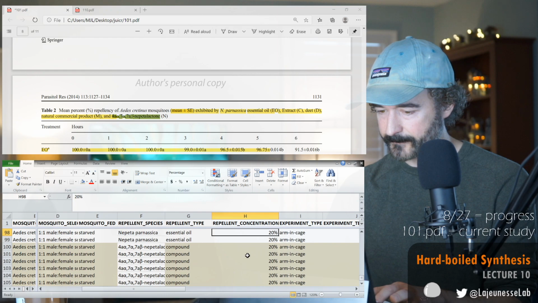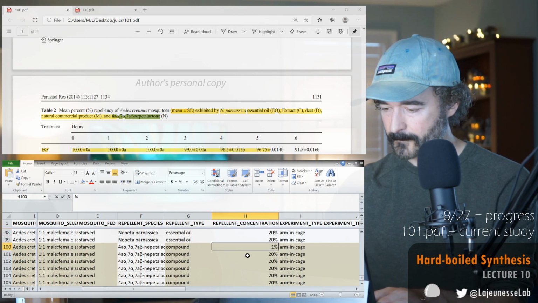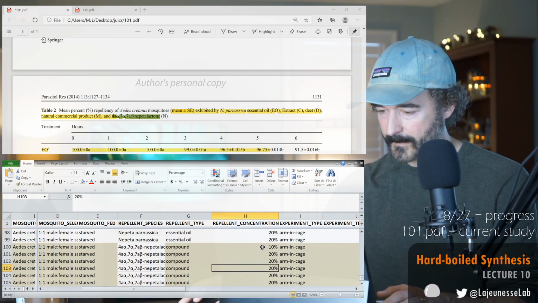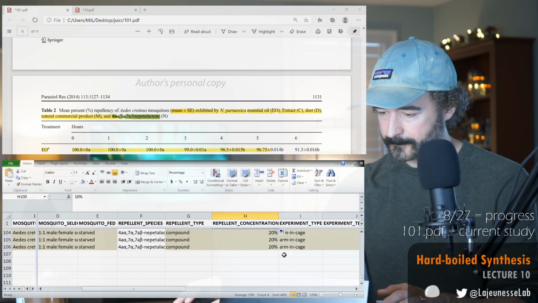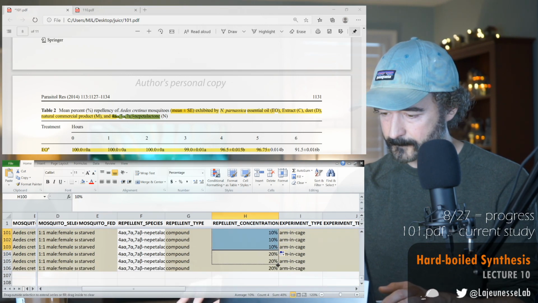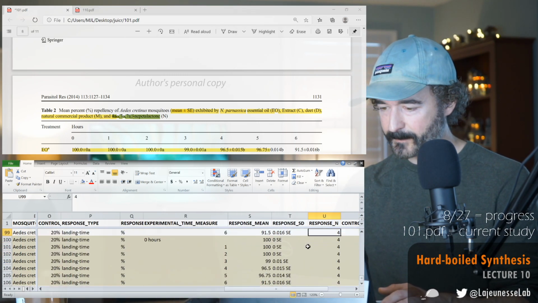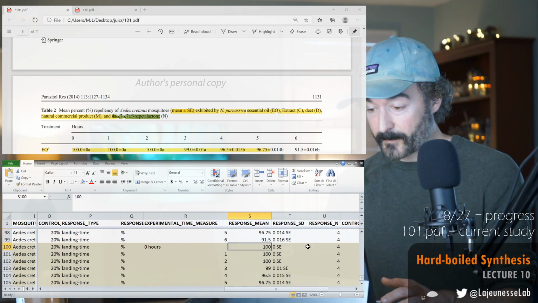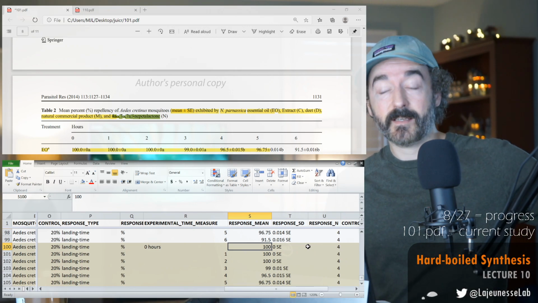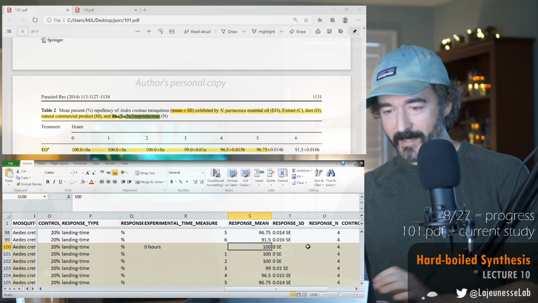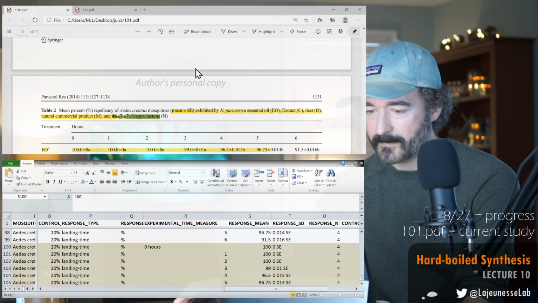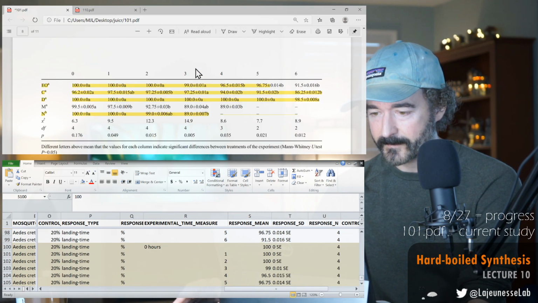Compound, 10%. And everything else should be the same, so we could just plug in the numbers. The response mean is what changes, and the DEET stuff is what stays the same.